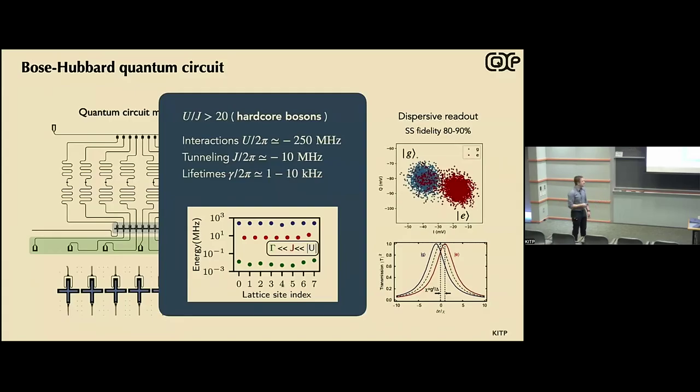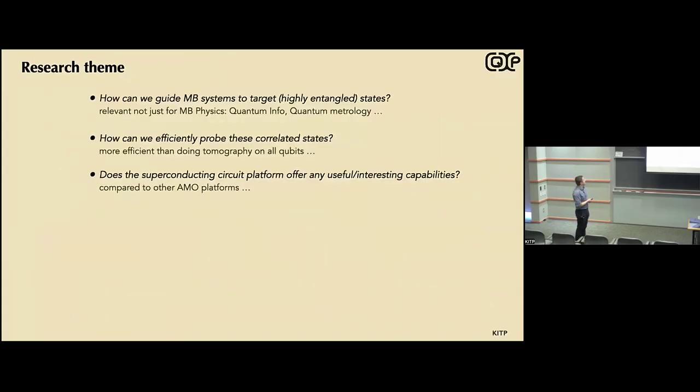We're trying to contribute to the field by simply trying to answer these questions. How can we guide many-body systems to some target highly entangled state? This is not just relevant for many-body physics, but obviously can have applications for both quantum information and metrology. Also, how can we efficiently probe these correlated states, more efficiently than doing tomography on all the qubits?